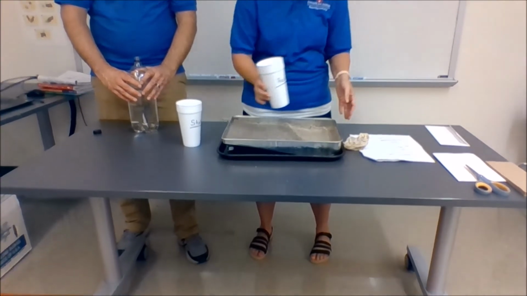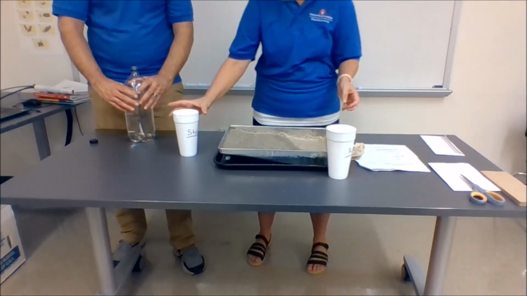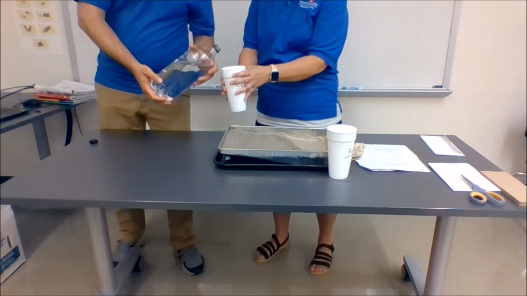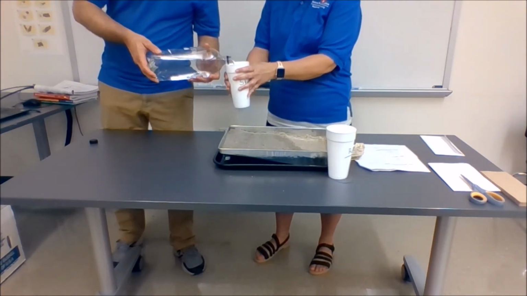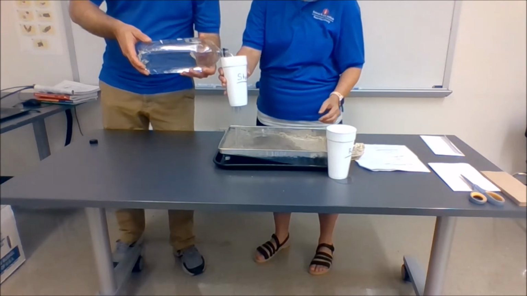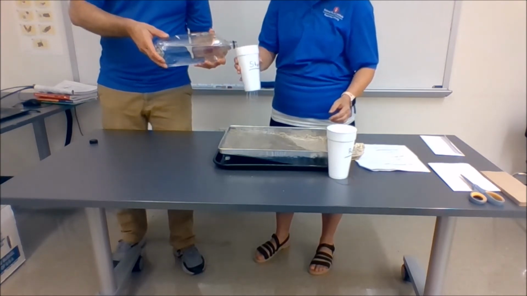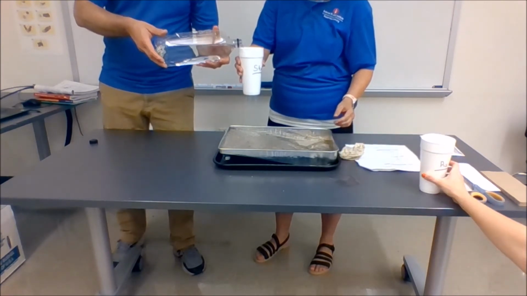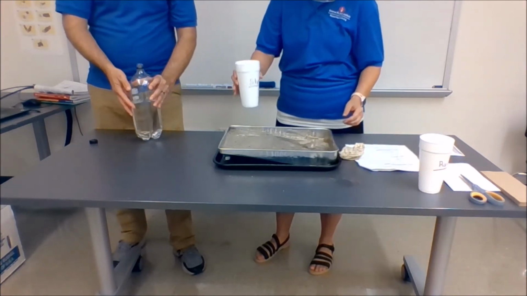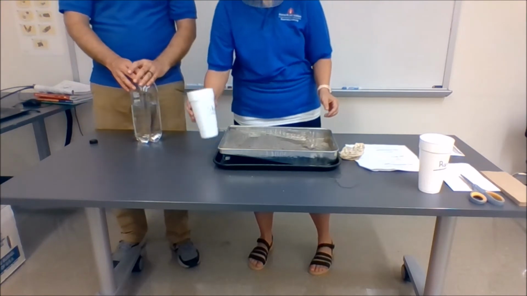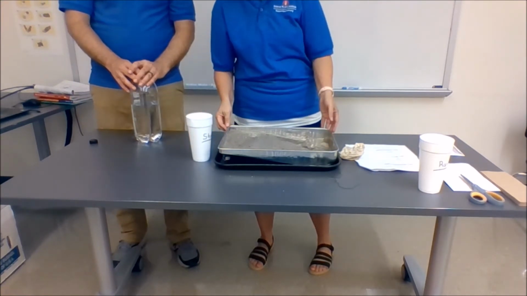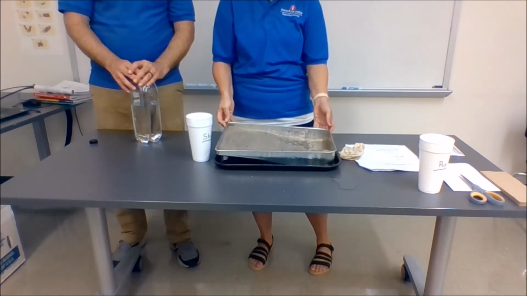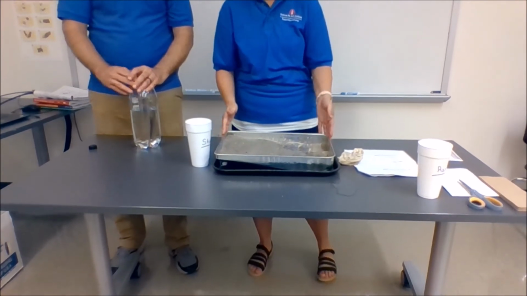But the problem then is we don't just get nice rain showers here in South Carolina, we get lots of storms. So here is our floodwater. And our floodwater has washed away a good portion of Mr. Jones's soil.